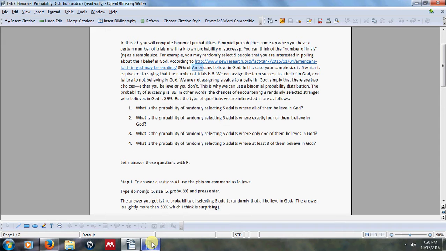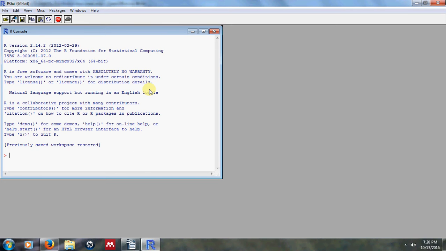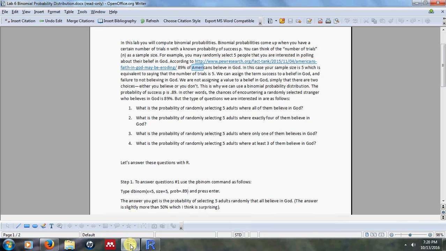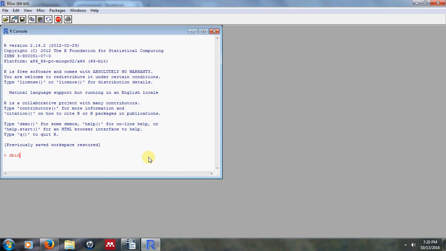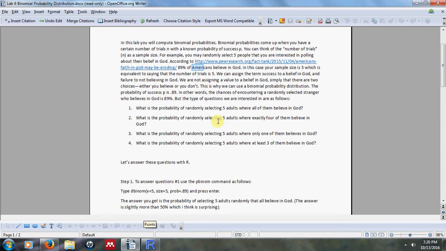So when we go to R, what we do is we use the command here, dbinom. And so we'll say dbinom, and then what we have to tell it is how many people we would like to have in our sample of 5 that believe in God, and we're interested in knowing what's the probability of selecting 5 adults who all believe in God.